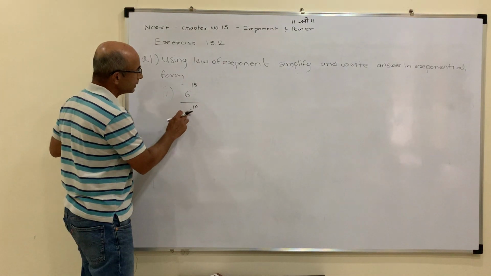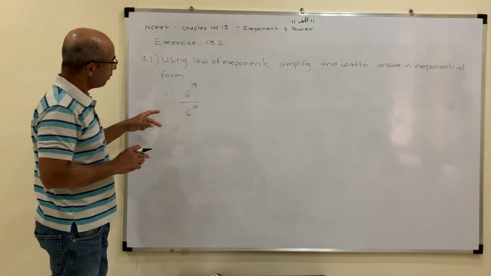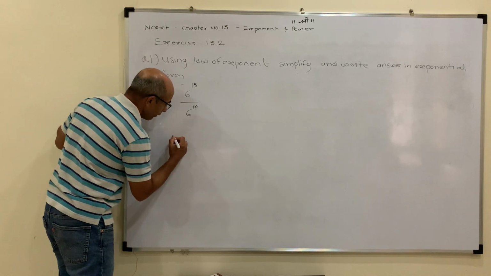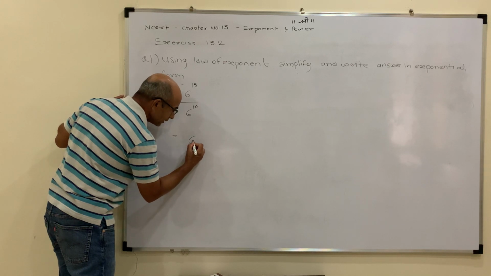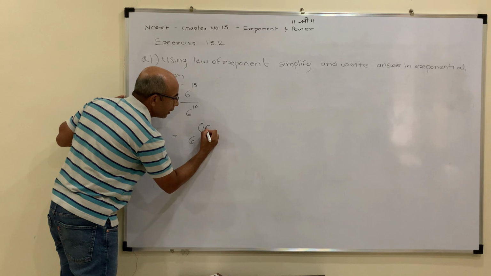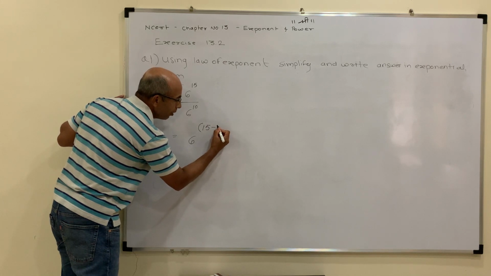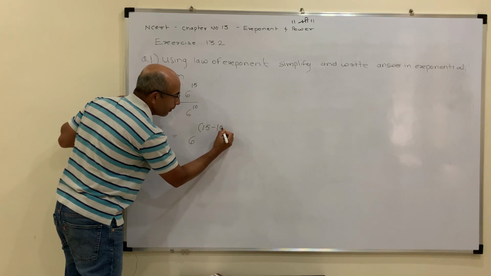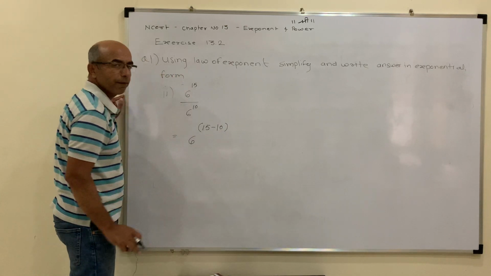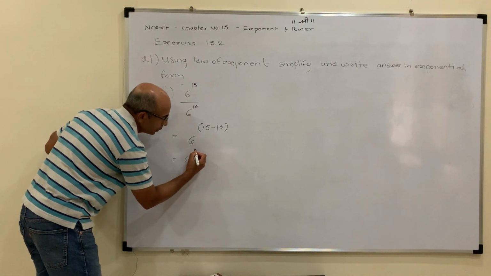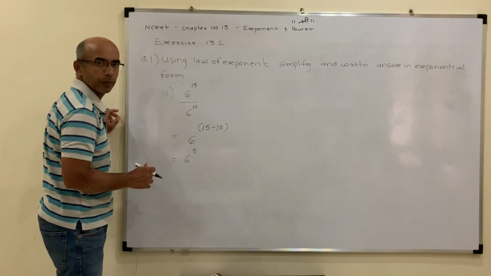Now my base is same, 6. Now I will be applying the law of divide. So what is the law of divide? When the base is same, you need to subtract the power of denominator from the power of numerator. So 6 raised to 15 minus 10, and that comes out to be 6 raised to 5.